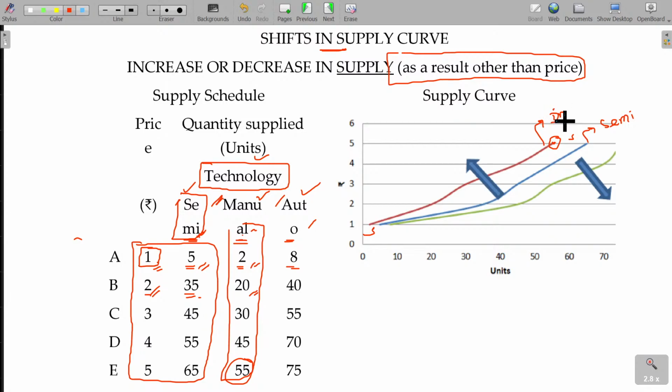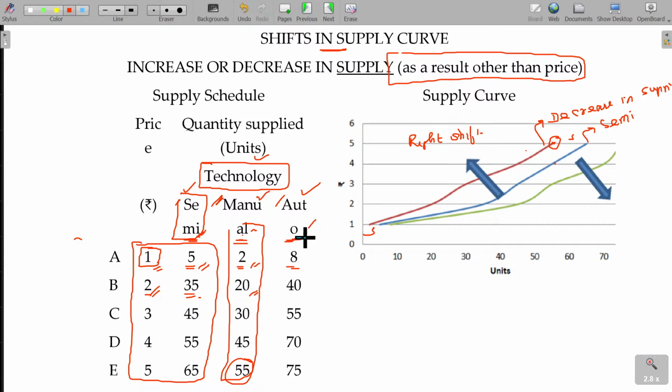Sorry, I made a mistake, this is a decrease in supply. It is not a decrease in quantity supplied. A decrease in quantity supplied is due to a change in the price, but this is a decrease in supply. This decrease in supply shifts the curve from blue to red, an upside or right side shift, making the supply lesser.